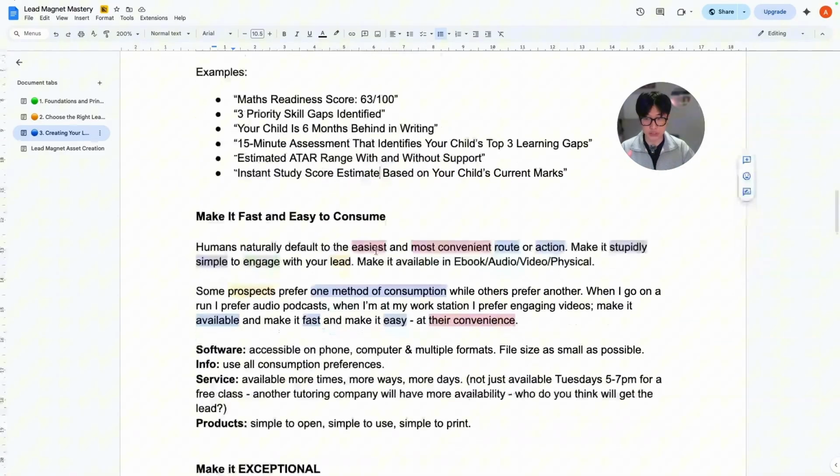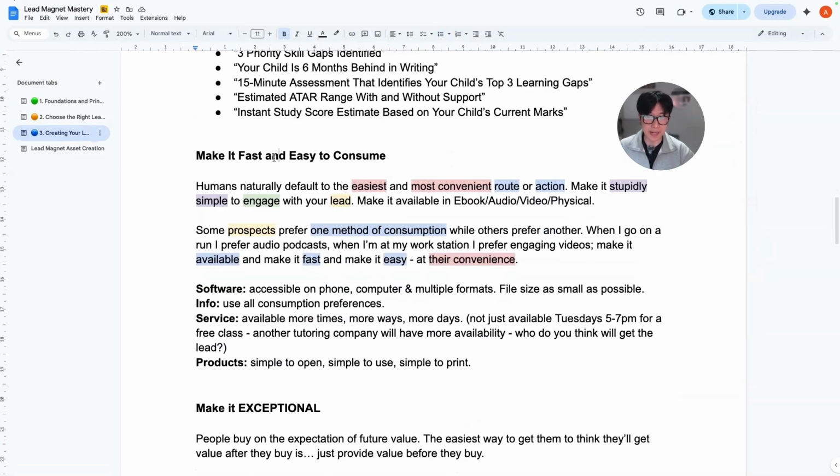So that's really good. You also want to make a lead magnet fast and easy to consume when you're making it. Humans naturally default to the easiest and most convenient route or action. So make it stupidly simple to engage with your lead magnet, and make it available in ebook, audio, video, and physical format as much as possible. Some prospects prefer one method of consumption while others prefer another.